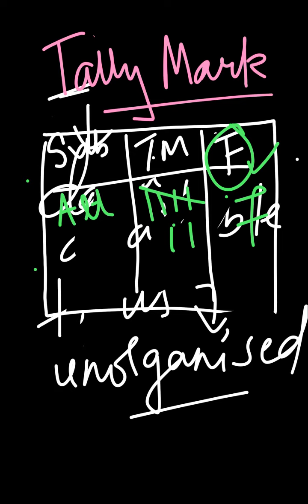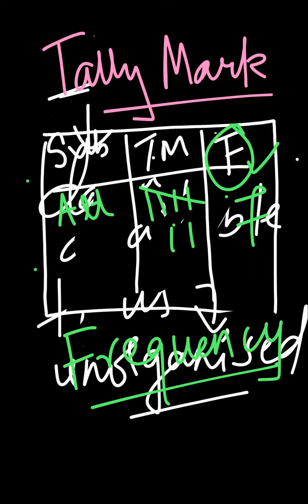Understood? So frequency, spelling: frequency. We have to learn this in this new lesson. Frequency gives the number of times that particular entry occurs. This is a very important definition. And what you have made is called a frequency distribution table, one more name we can call it.